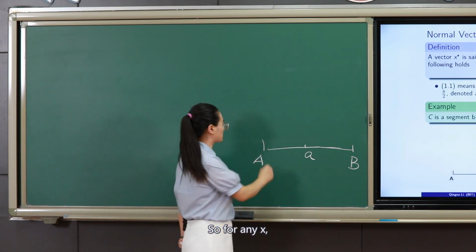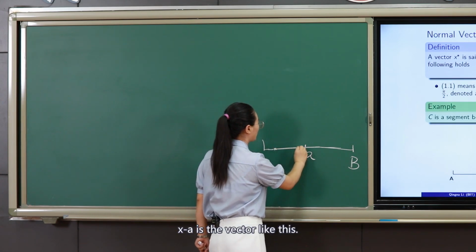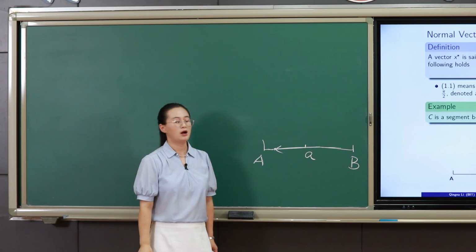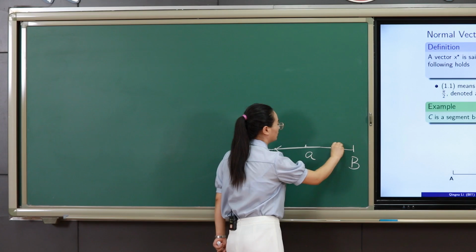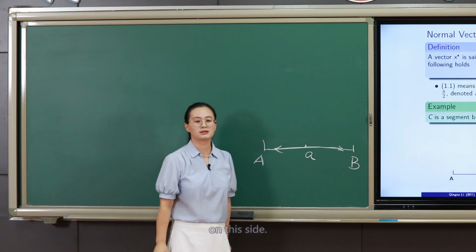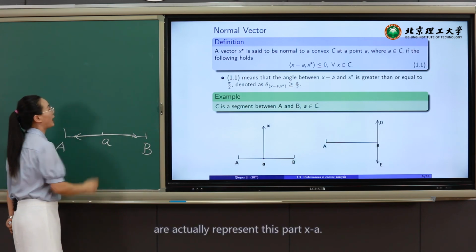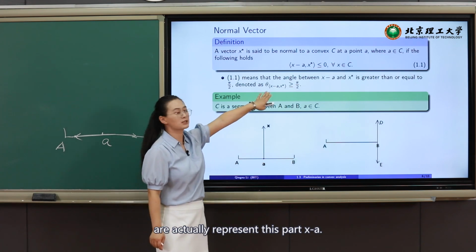For any x, for example, if x is here, x minus A is the vector like this. And it is also possible that x lies on this side. So the two vectors represent x minus A.